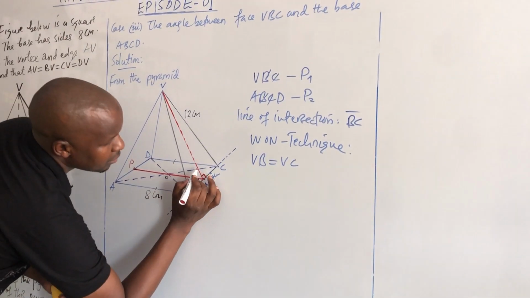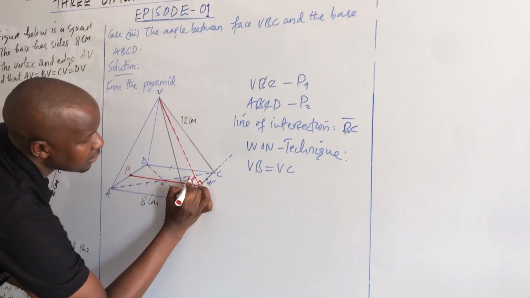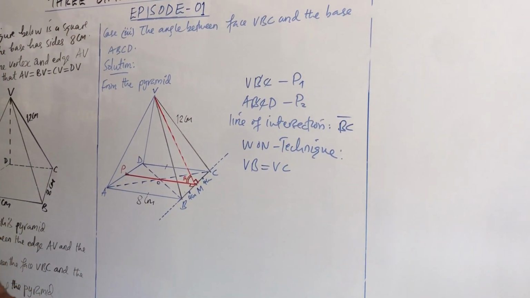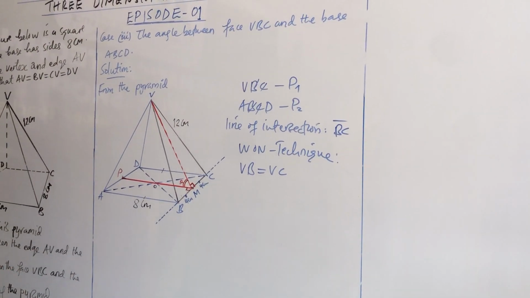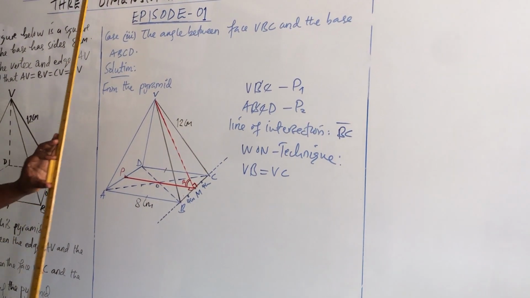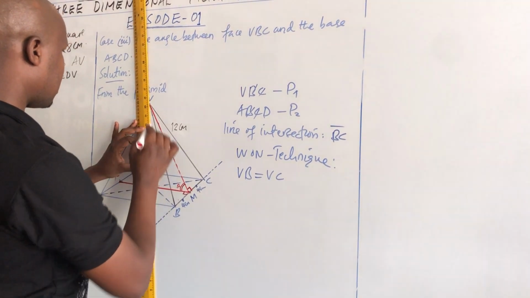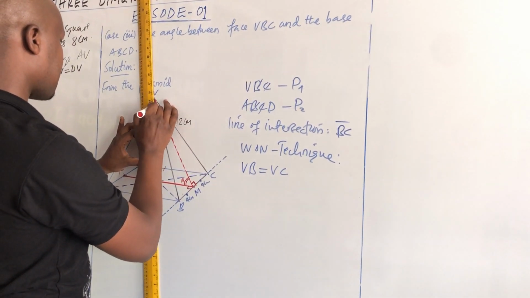Now the angle is formed between the two perpendicular lines, and it is here. And now we remember that we had our height, the height of the pyramid, which we said was VO, and we can just place it here.